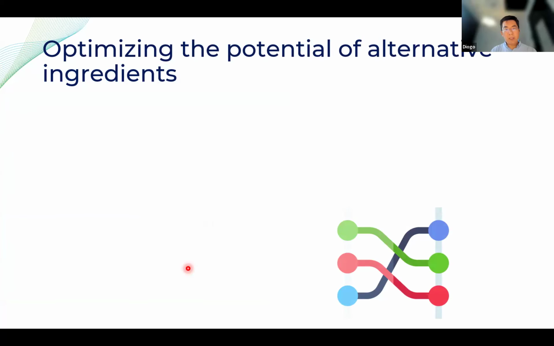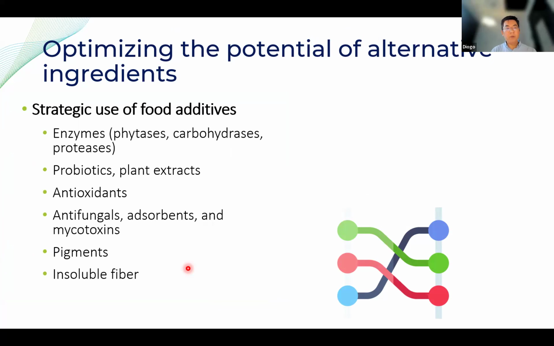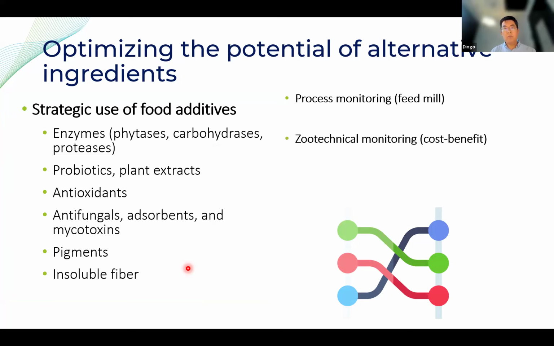So to optimize the potential of alternative ingredients, we can also still use the feed, not food, but feed additives. You have the enzymes, probiotics, antioxidants, mycotoxin binders, pigments, insoluble fiber. We need to link the dots. So it's necessary to monitor the process in the feed mill.